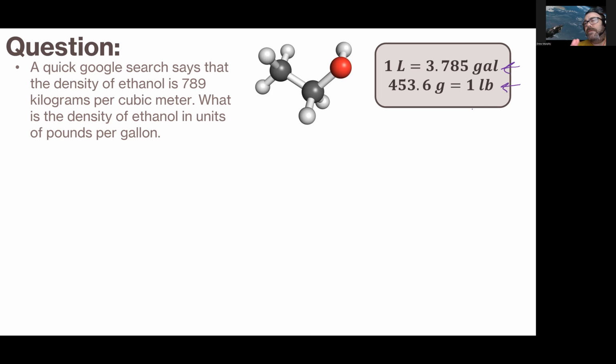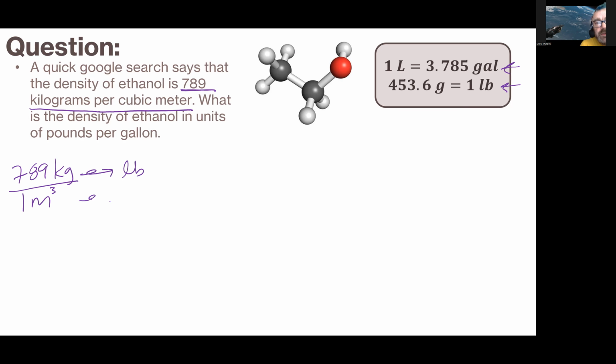All right. This is a problem that you could work multiple ways. Okay. Let's write out this number. The only number we're given is 789 kilograms per cubic meter. What this means is we have 789 kilograms for 1 meter cubed. Okay. So our goal is this kilograms, we got to turn it into pounds.